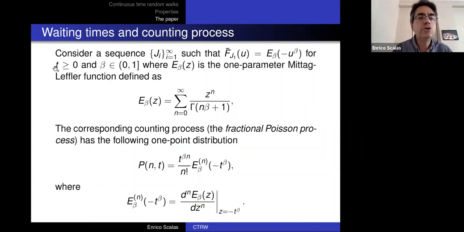Here there should be a u larger than 0, or I should put a t here, sorry for that. It is important that the parameter beta appearing here is between 0 and 1. Otherwise, this function takes negative values and becomes oscillating.